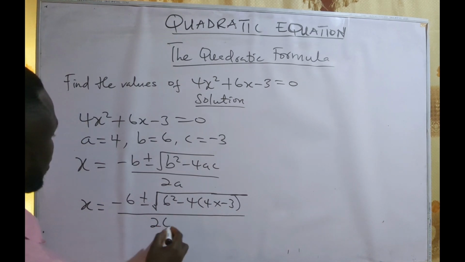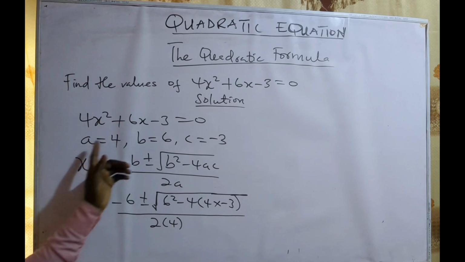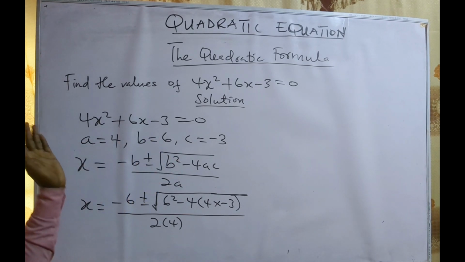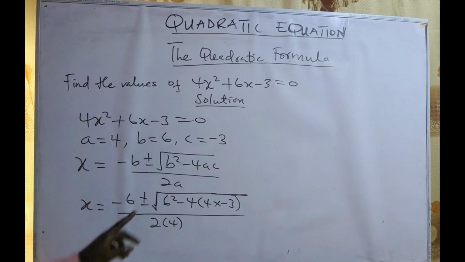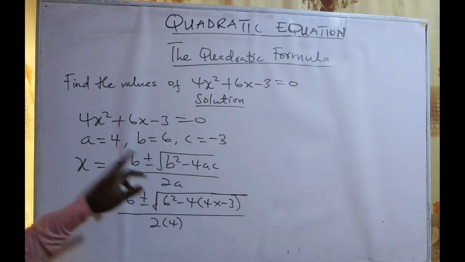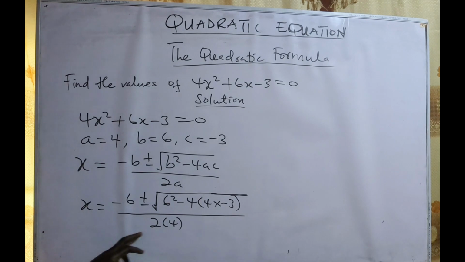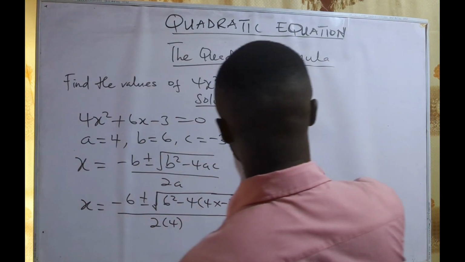What is the a? Which is 4. So you realize that we have substituted all the values of a, b, and c. So minus b, 6 is b, plus or minus b squared, 6 squared, minus 4 times the a, 4, times the c, negative 3, all over the 2a. 2 times 4, so 2 by 4.